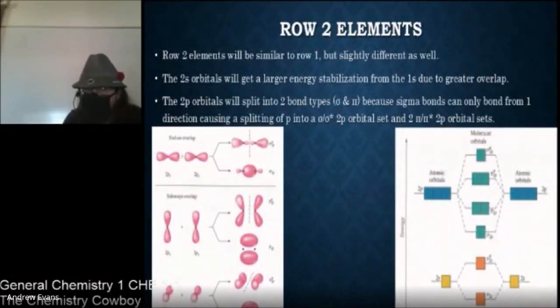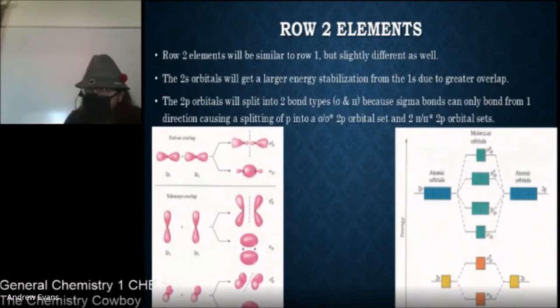row 2 elements. When we move on to row 2 elements, we get out of the s, and we now have access to p orbitals as well. So it's going to be similar, except the p orbitals, since there's 3 p's, we can have several different types of overlap. We can have the p end on end, which is just going to be like an s orbital. So you're going to form a sigma, a bonding orbital, and a sigma star, the anti-bonding orbital.